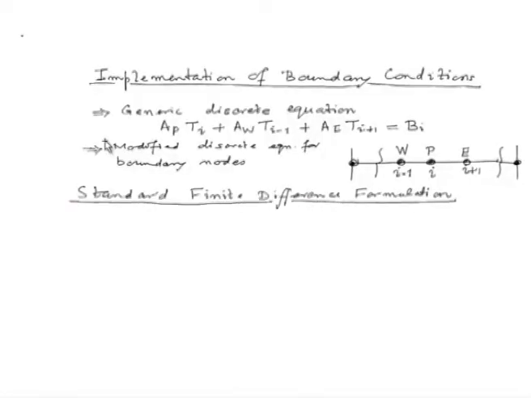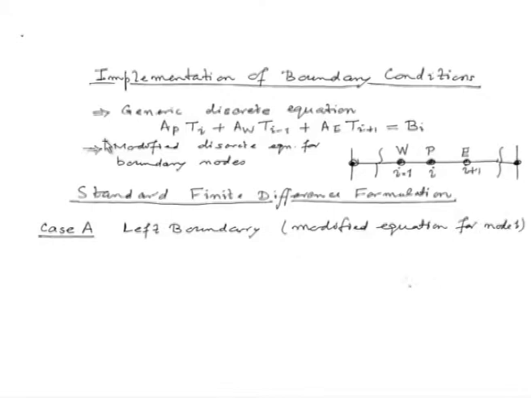Okay, so let us take the case, let us call it case 1 or case A, left boundary. By left boundary we mean we have to obtain a discrete equation or modified equation for node 1.